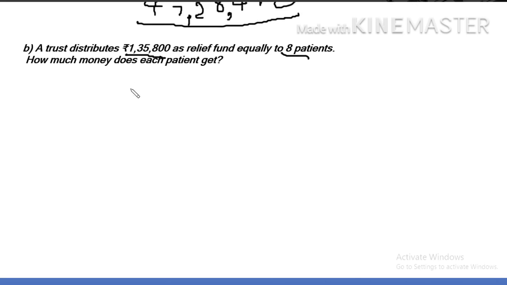So we will divide 1,35,800 by 8. So this is the number of patients and this is the money distributed by the trust.